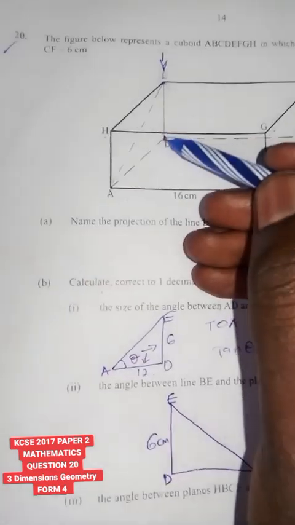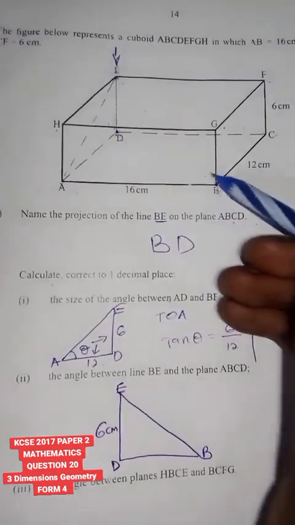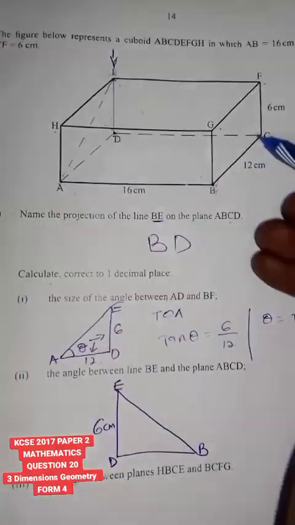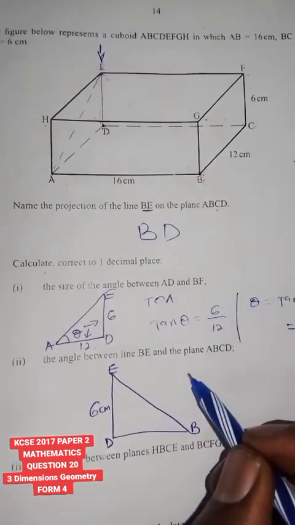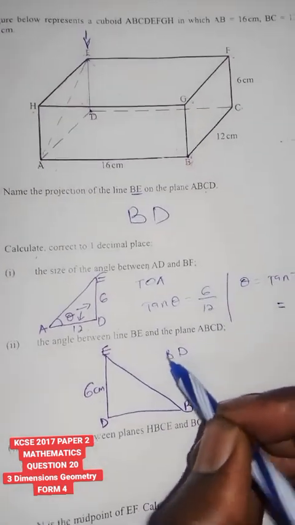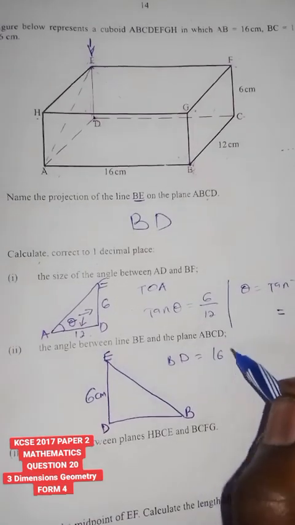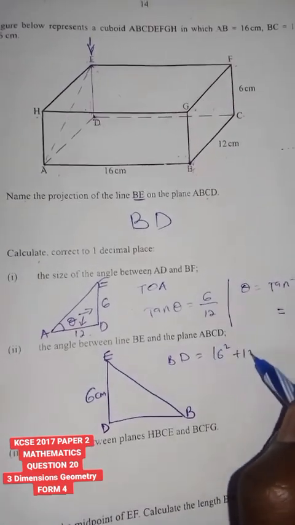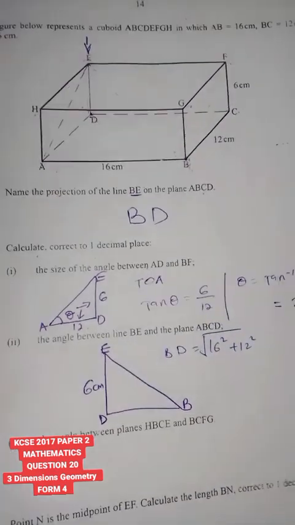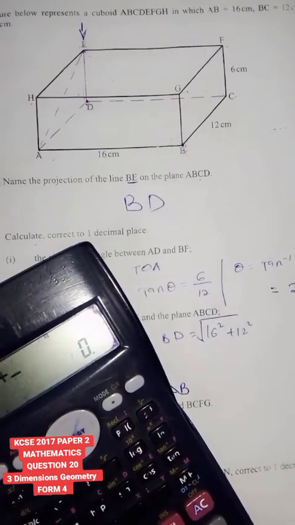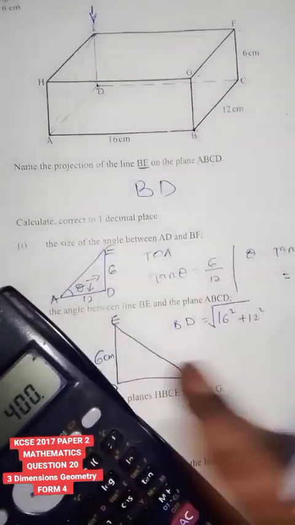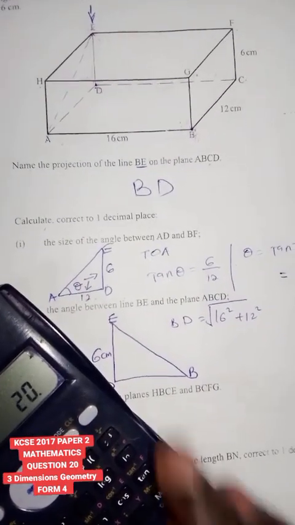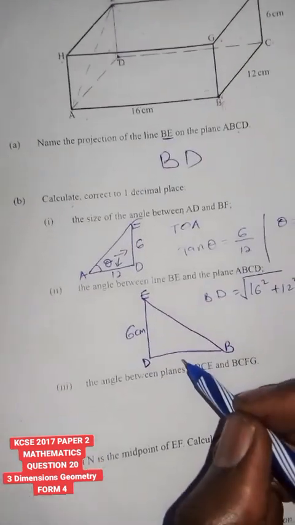To get the line BD, it is the hypotenuse of the base plane ABCD. So I'm going to use Pythagoras theorem. BD will be the square root of 16 squared plus 12 squared. That is the square root of 400, which is 20. Therefore, this line here is 20.